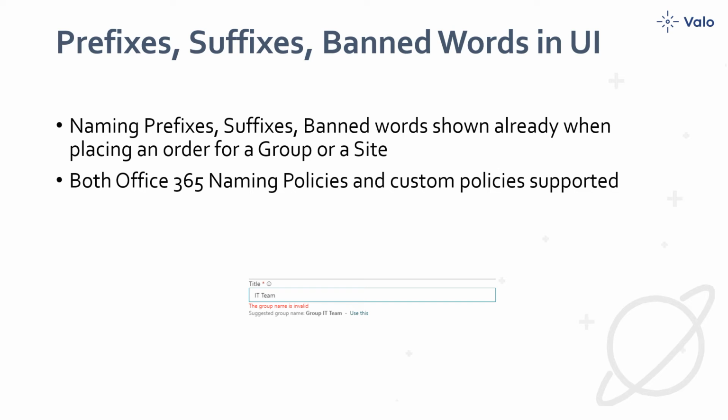But starting with 1.19, the validation for the prefixes, suffixes, and banned words is already done on the client side, so that whenever you are placing an order for a new group or a new site through the Teamwork UI, you will immediately see what the end name of your group or site will be following these policies. You can use either the Office 365 group naming policies, or you can use your own custom policies if you so wish.